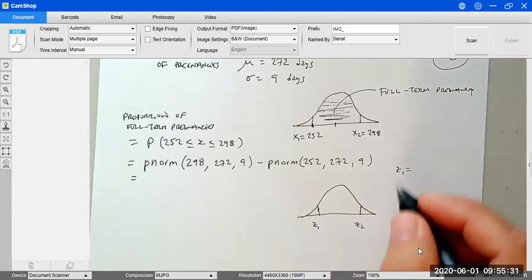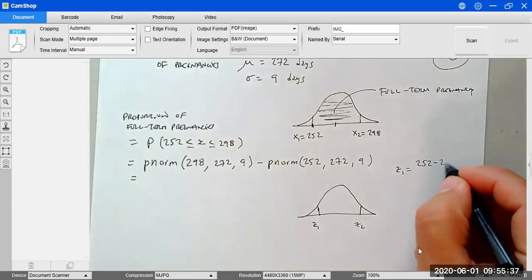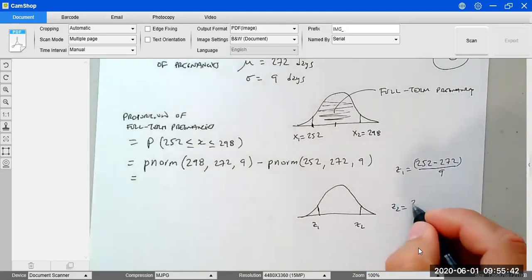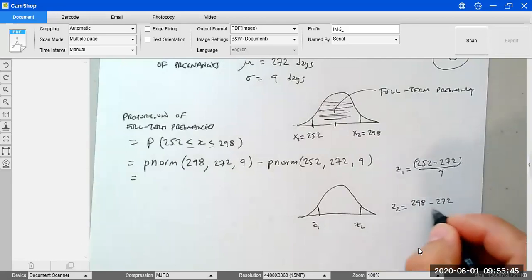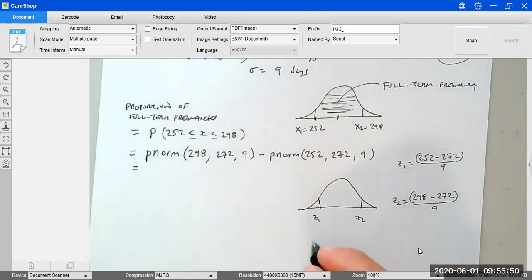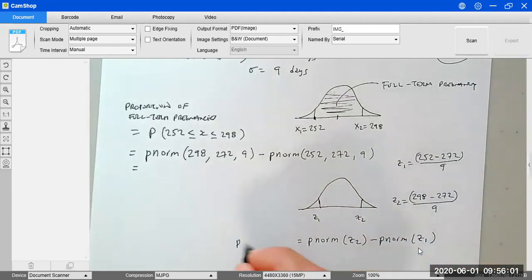The first z-score is going to be 252 minus 272 over 9, and the other z-score is going to be 298 minus 272 over 9. Once we get these values, we're going to use pnorm of the upper value minus pnorm of the lower value to compute again the probability that x is between 252 and 298.